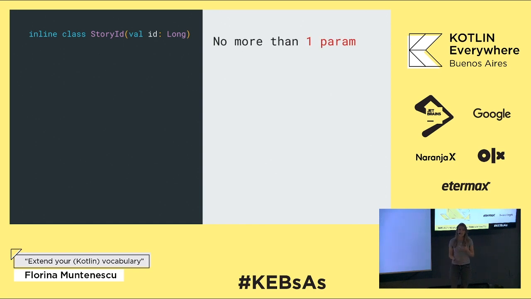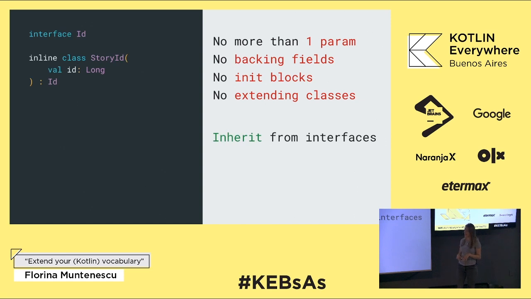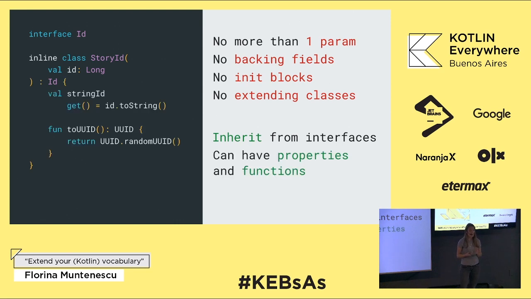Because inline classes have a series of limitations: they can't take more than one parameter, they are not allowed to have any backing fields, they can't have init blocks, and they can't extend classes, but they can inherit from interfaces. For example, I can have an interface ID and have my inline class StoryId inherit from it. Also, they can have properties and functions.